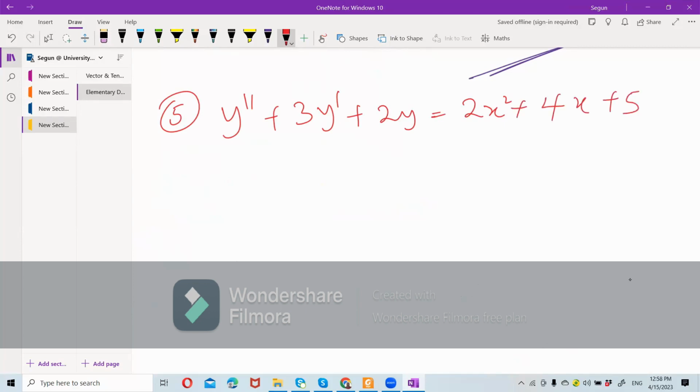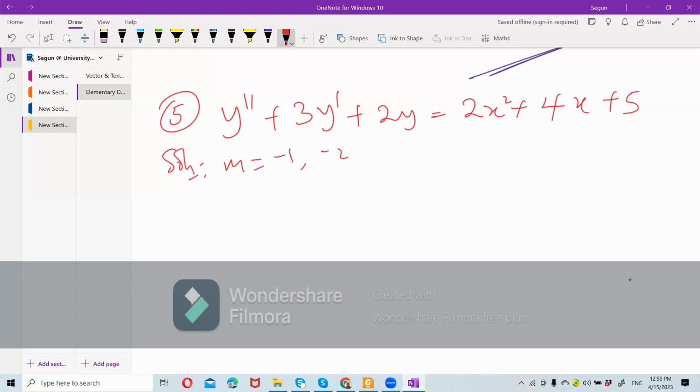Now, this is quadratic. Our G of X here is quadratic. Our solution now will be M equals -1 and -2.